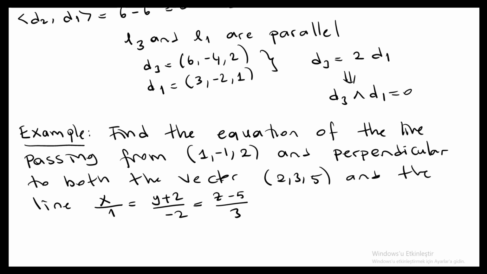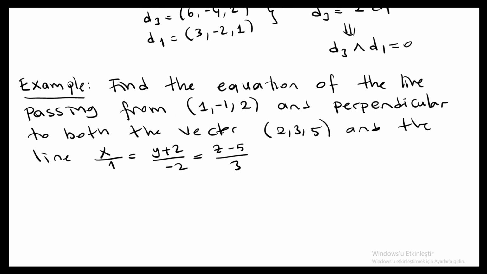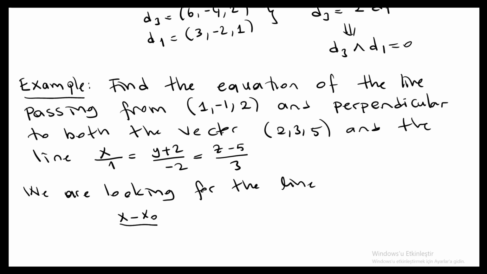So if I write this, we are looking for the line x minus x0 over p, where x0 is given as 1, y plus 1 over q, and z minus 2 over r.